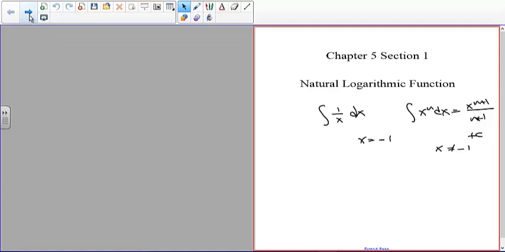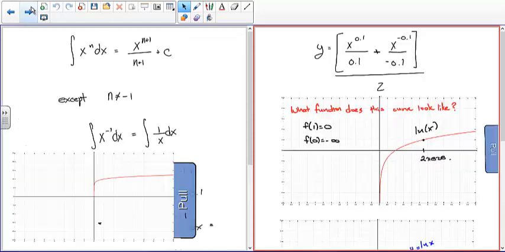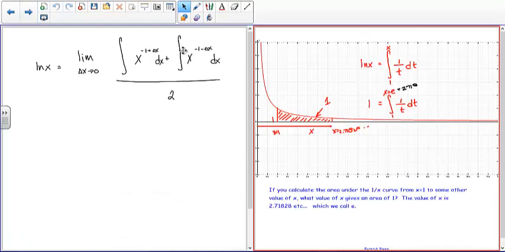So what we did was I used my little example here to show you if you thought what was the area underneath the curve 1 over x, you might guess that it's the natural logarithm. It turns out that the book defines the natural logarithm as the area underneath the curve from x equals 1 to some value x of 1 over t dt, or in this case they use the variable t because the upper limit is x.